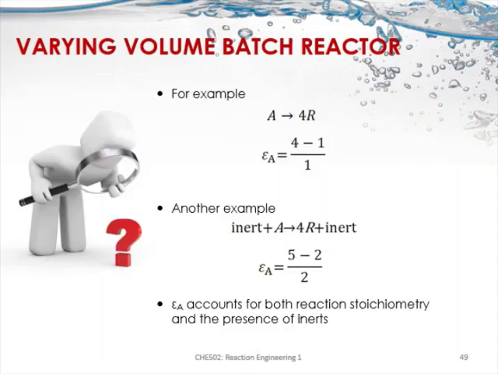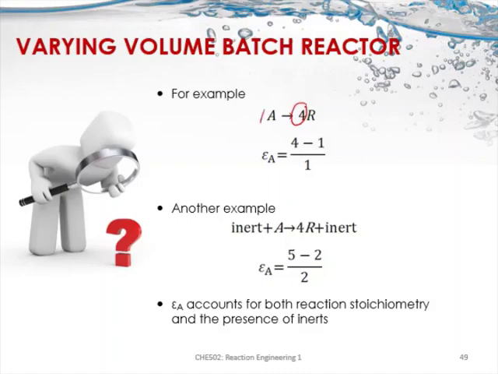So you have reactant A having a reaction that produces 4 moles of product R. This is another definition for epsilon. It will take the stoichiometric coefficient.